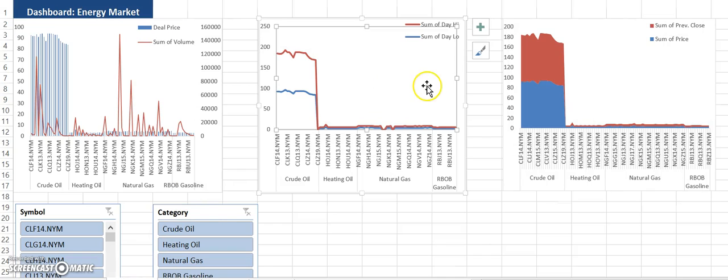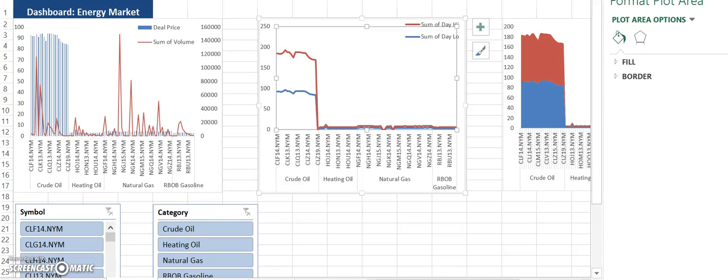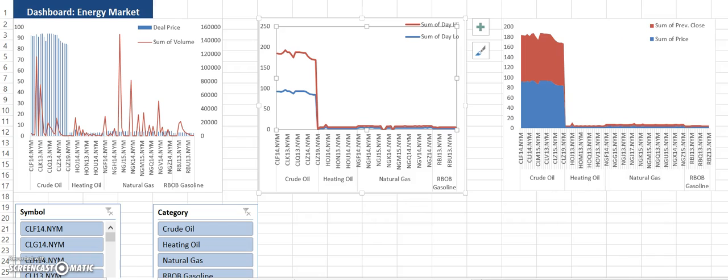This is the second pivot chart. If I want to buy short, I definitely should buy crude oil. But if I want to be safe, I don't think crude oil is a safe strategy.